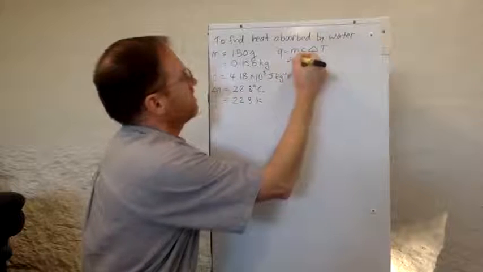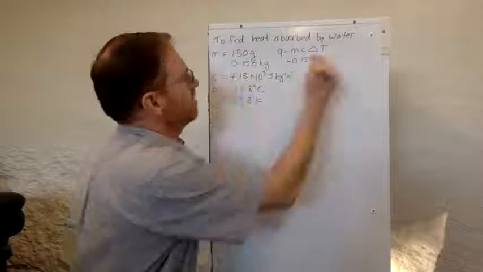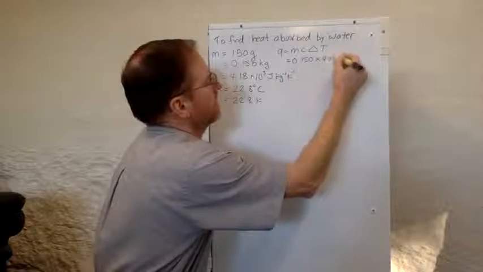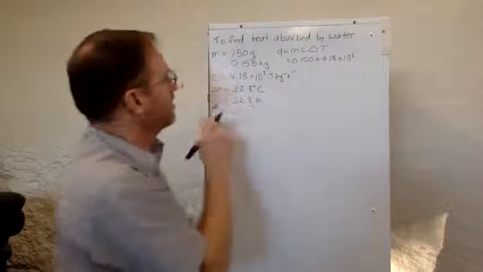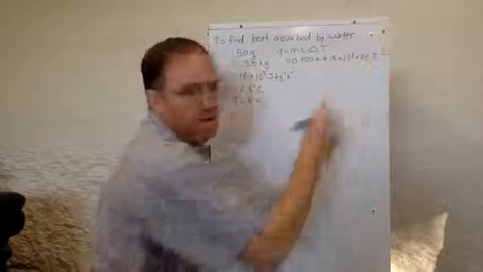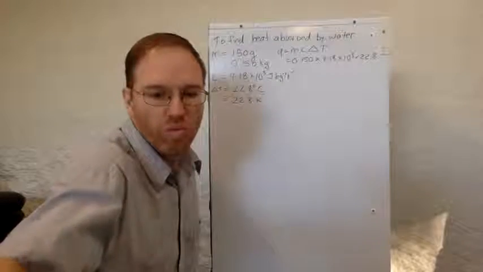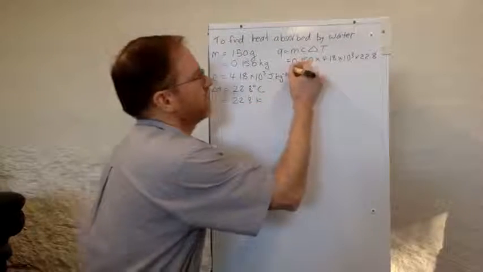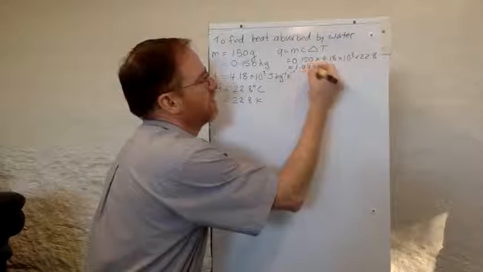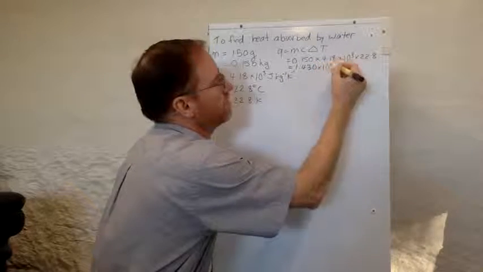So what do I get? Mass, 0.150 times C, 4.18 times 10 to the 3 times T, 22.8. I plug all that into my calculator and I get 1.430 times 10 to the 4 joules.